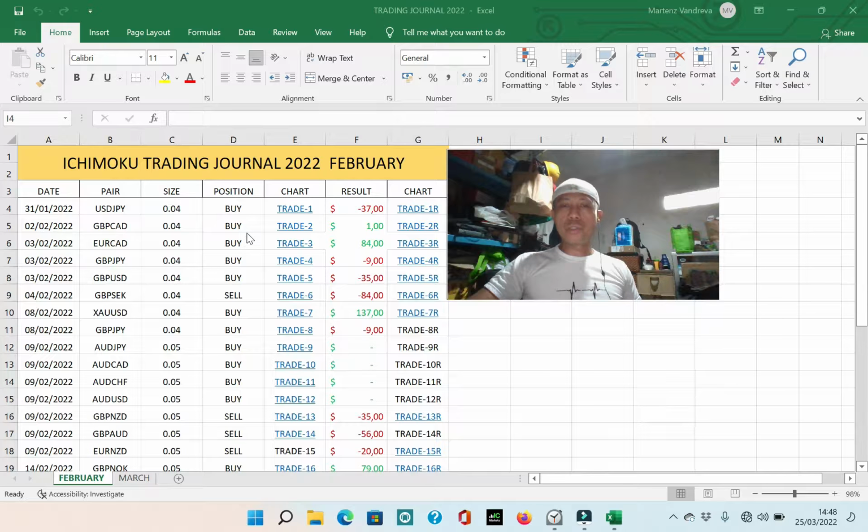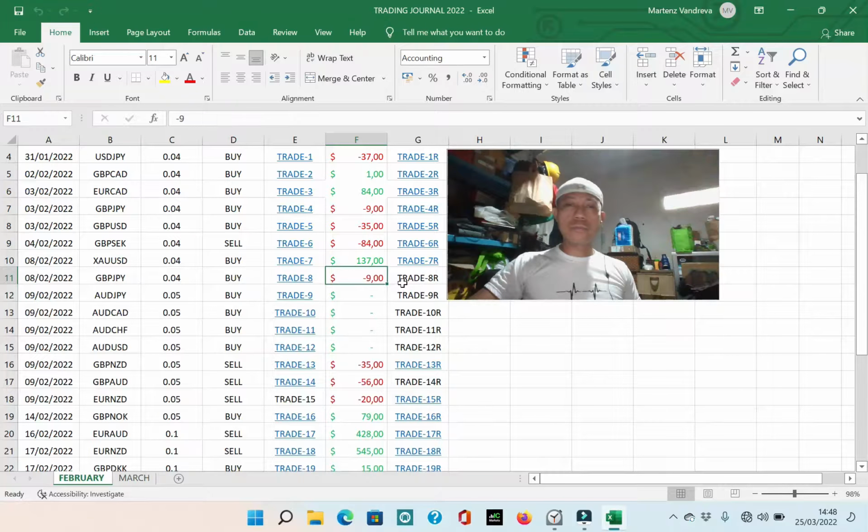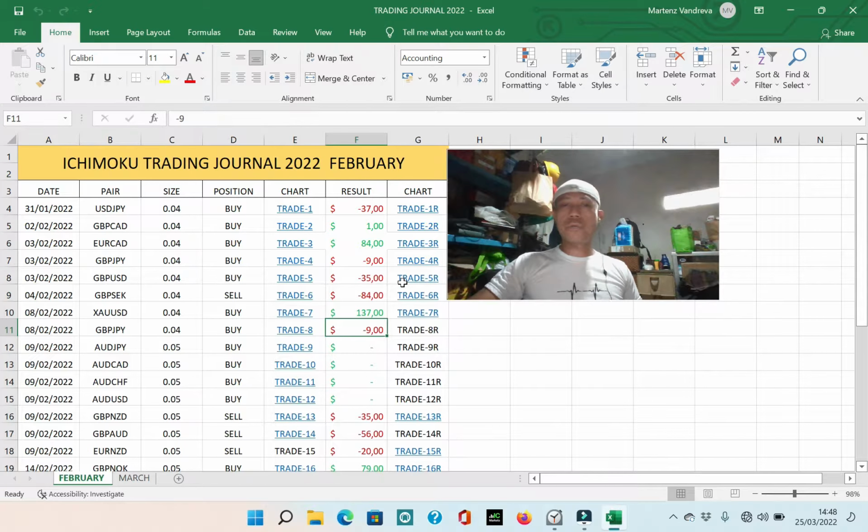I also have losing positions: minus $37, minus $9, minus 35, minus 84, minus 9. Some positions are also losing, and basically in trading that is normal. I'm not the god of trading, so this is the result.